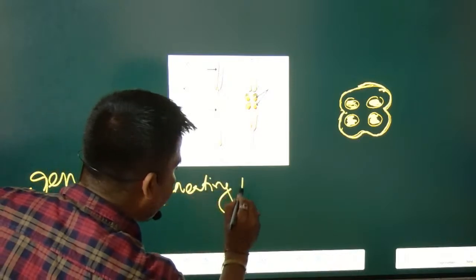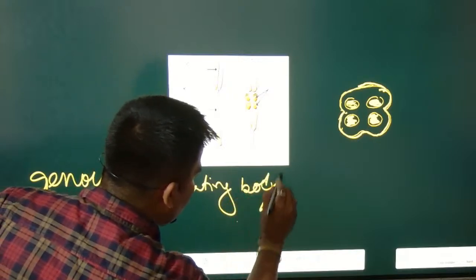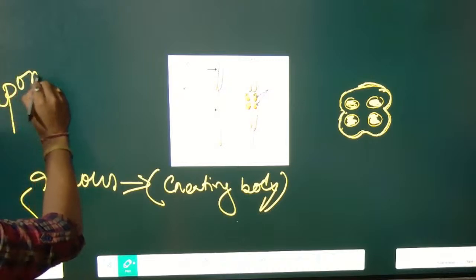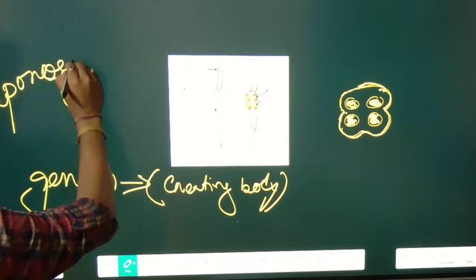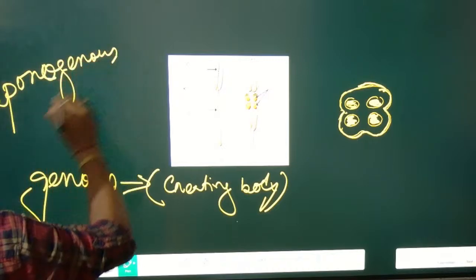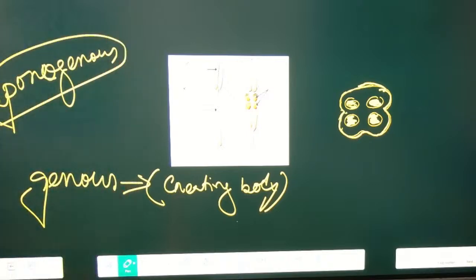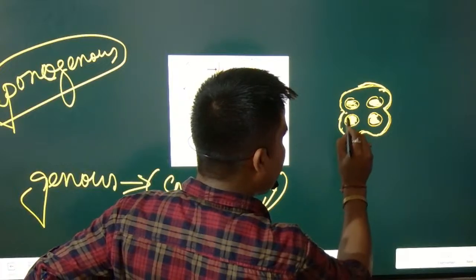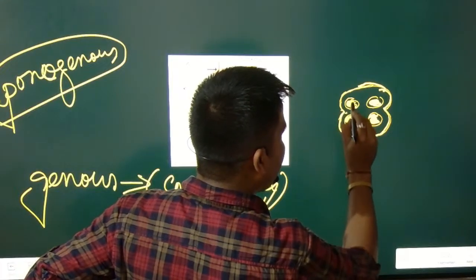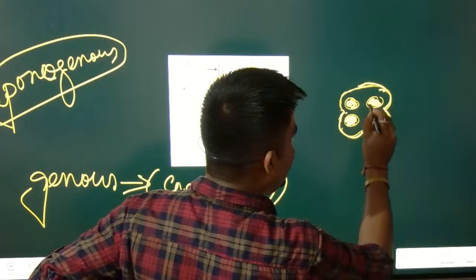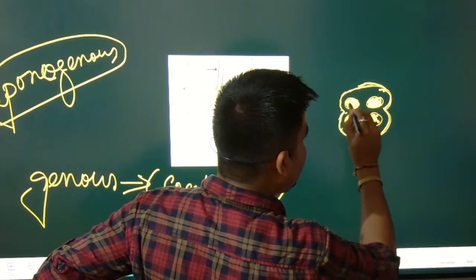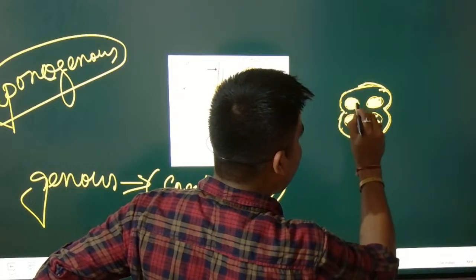A creating body, you can say. So sporogenous means a body which generates spores. So these tissues are responsible for the formation of what? Spores. Spores are basically gametes, mature gametes, you can say.